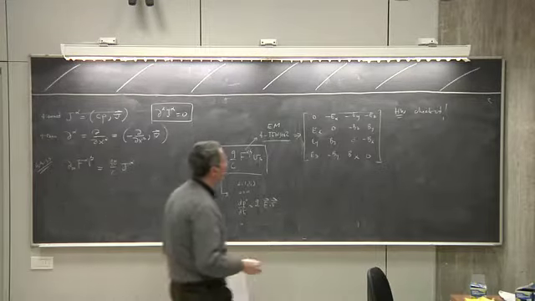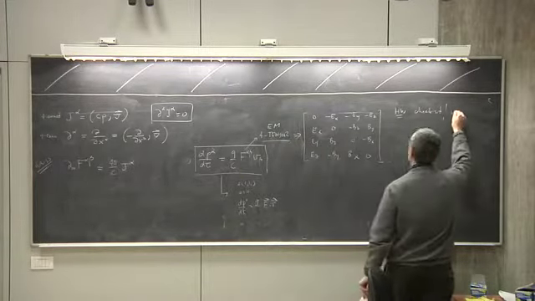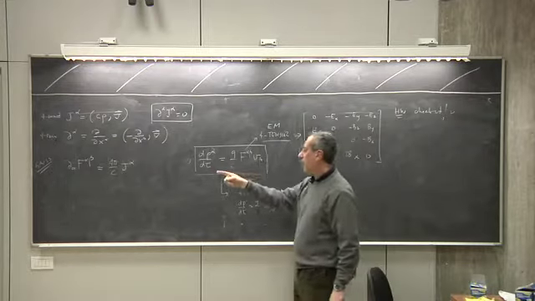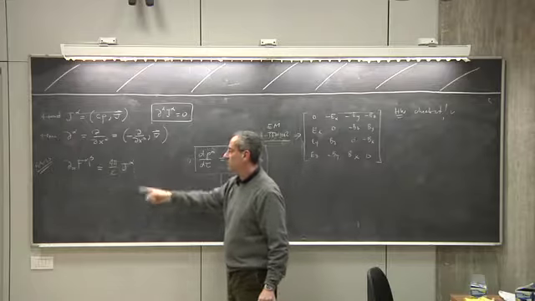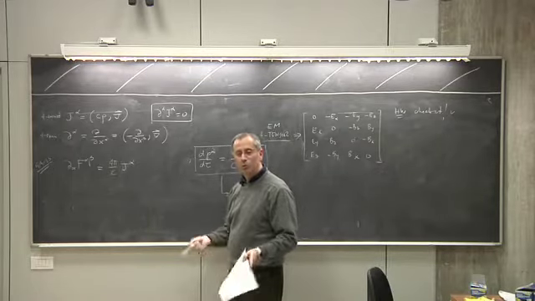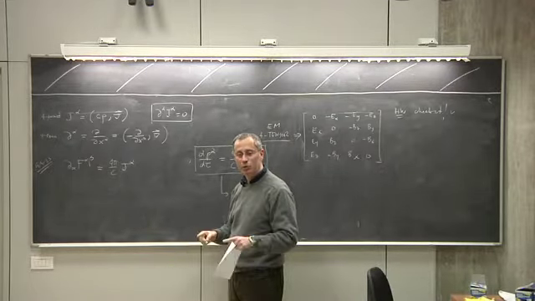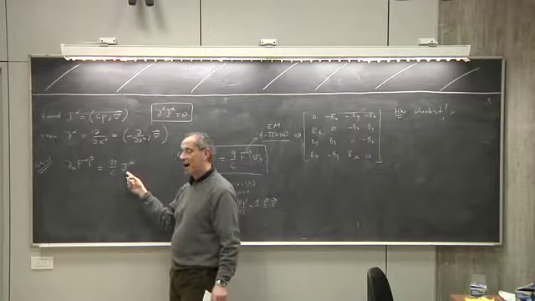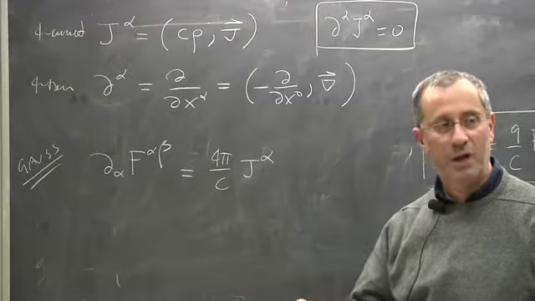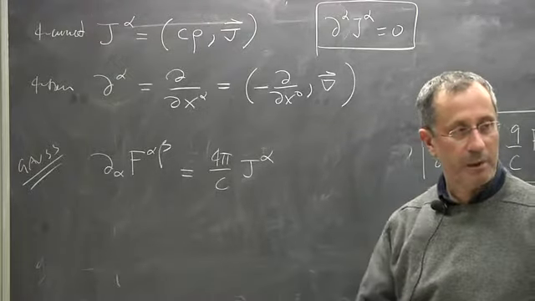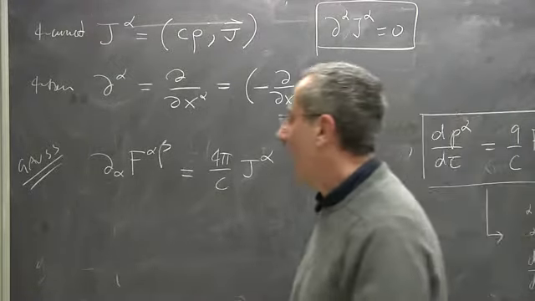You can check it too: write the components, and you will see that this equation gives you back the two Maxwell equations with the charge and current densities, that is Gauss and Ampere, right? And how about the others?